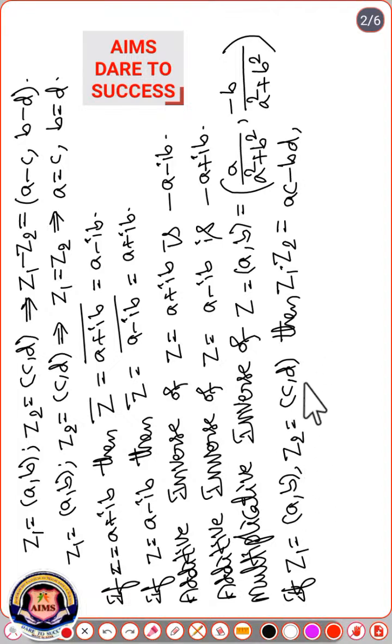Next, first and last multiplication, AD, then keep plus the middle values multiplication, BC.